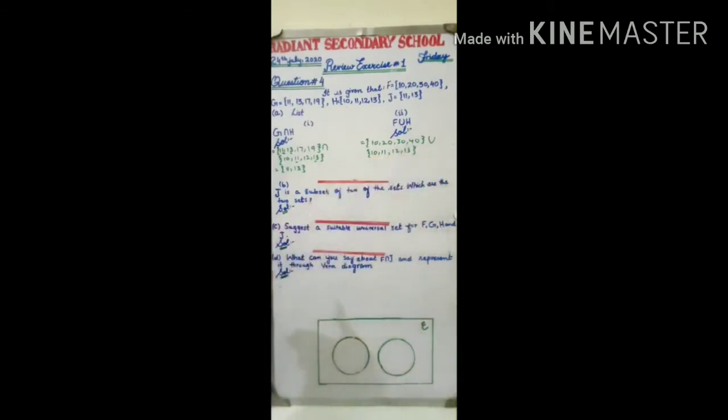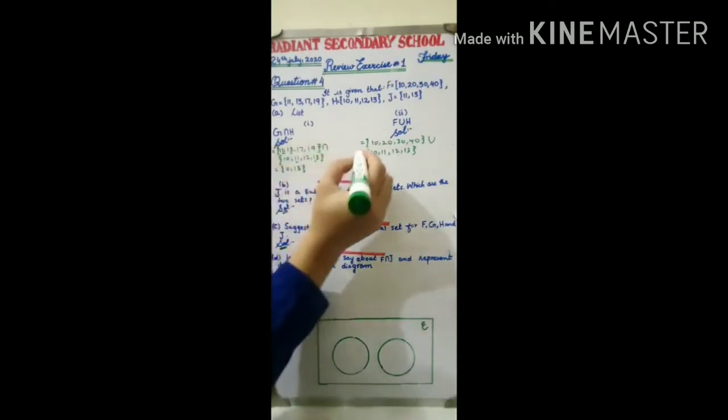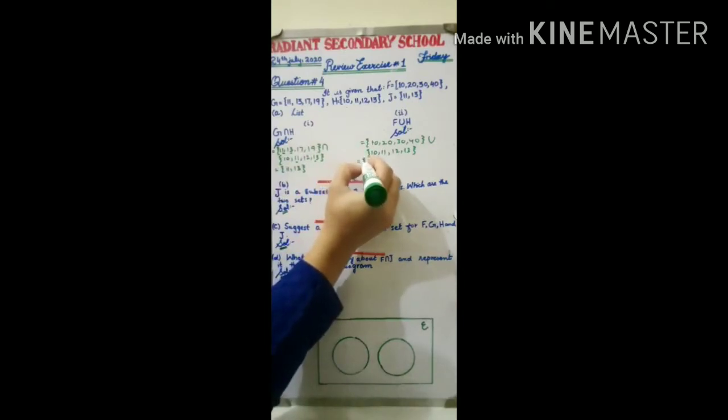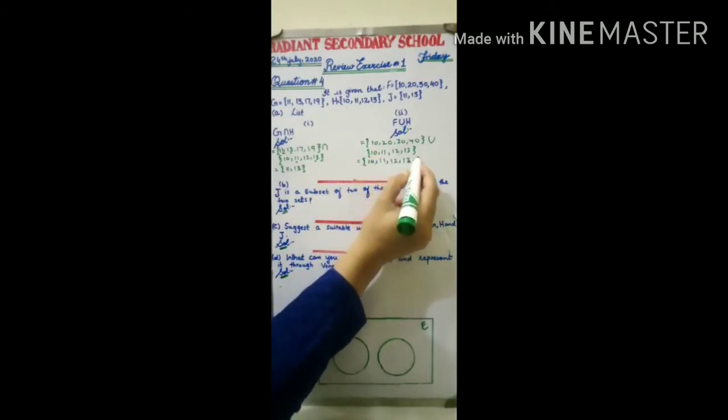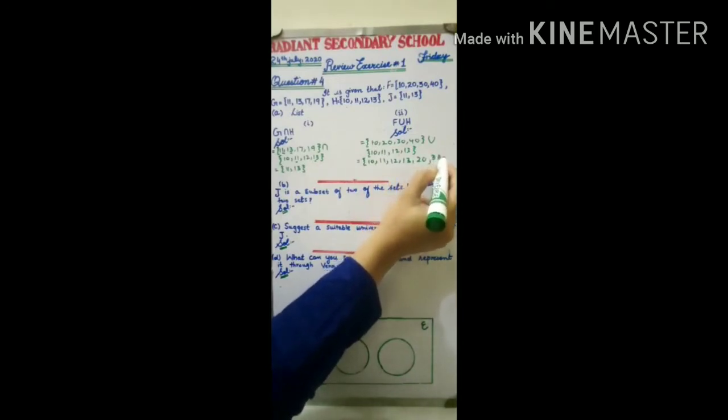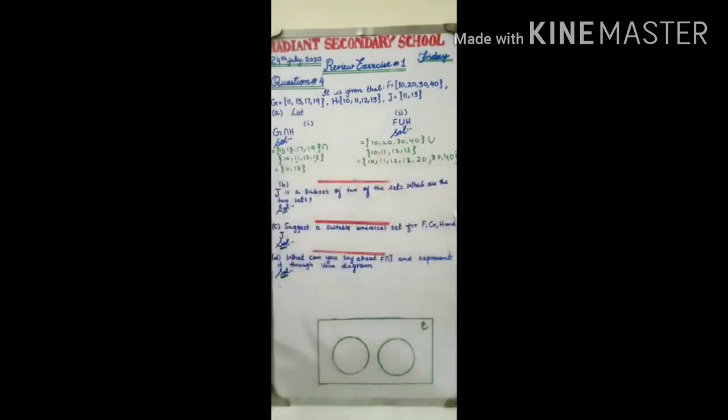As you know, union means we have to combine the elements of these 2 sets together. When we arrange these sets together, the answer will become 10, 11, 12, 13, 20, 30 and 40. This is the union between F and H.